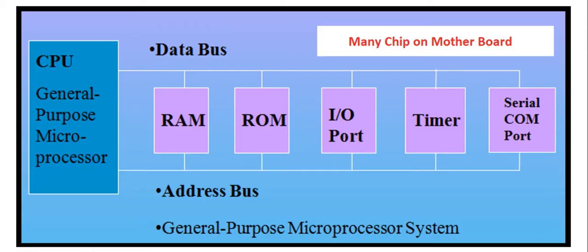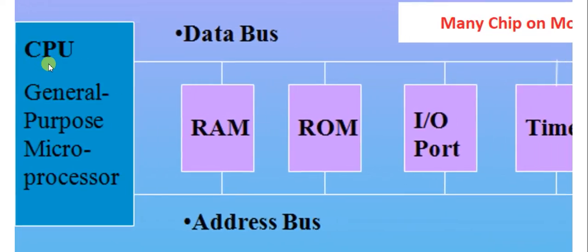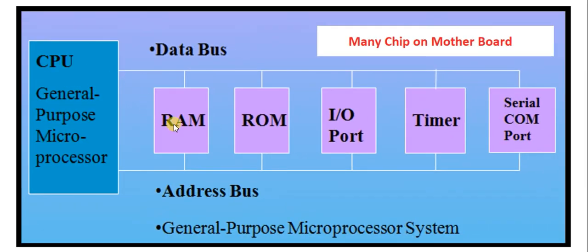Any computer system is fabricated with the help of several devices. It contains mainly the central processing unit, then RAM, ROM, input output ports, timers and serial ports.